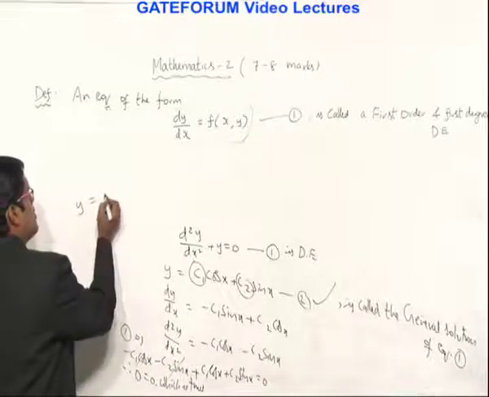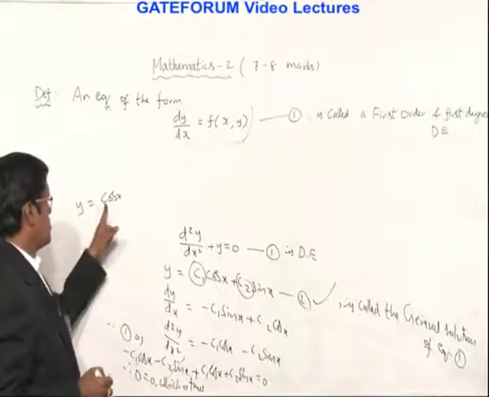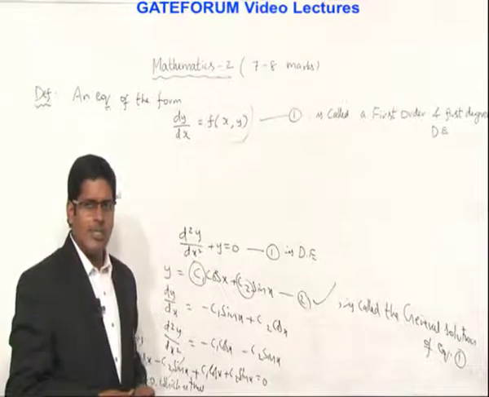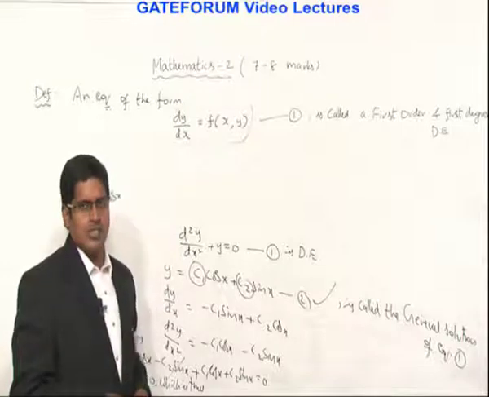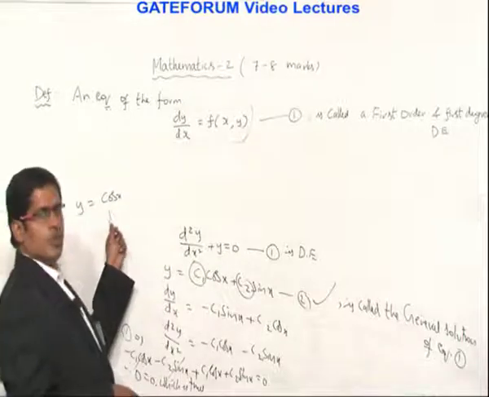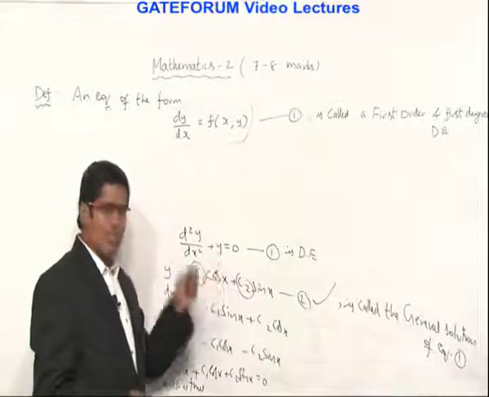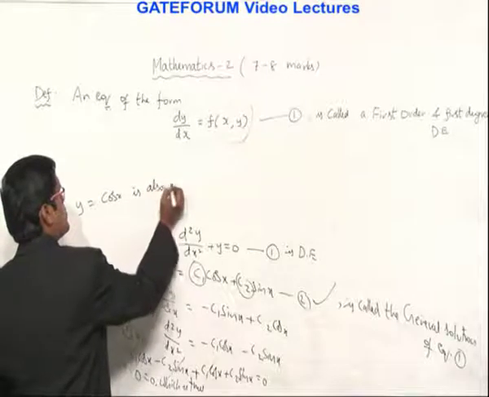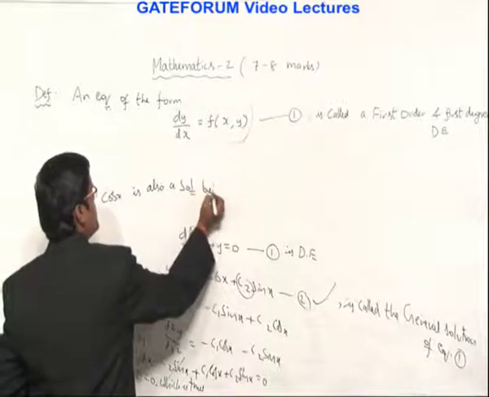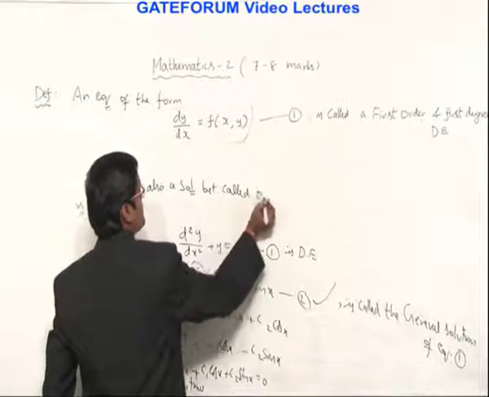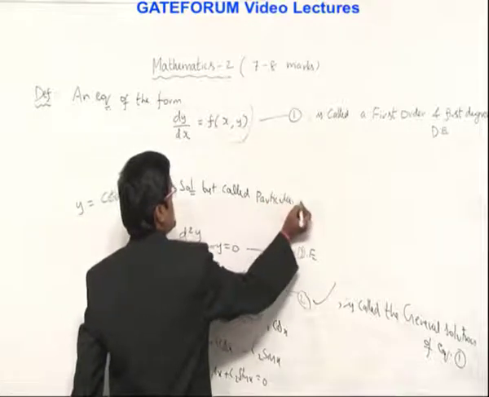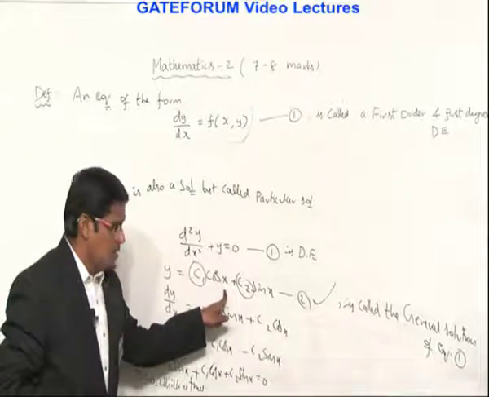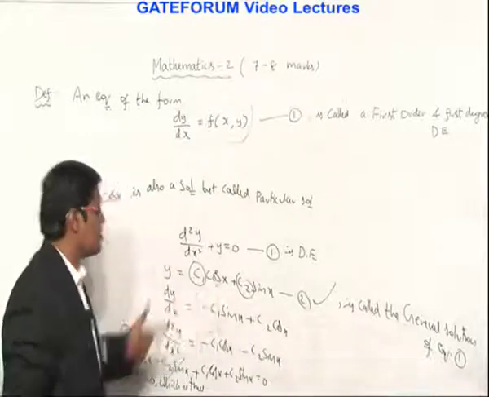Now if I take only y is equal to cos x, substituting on the left side, the second derivative of cos x is minus cos x, plus y, which is cos x, equals 0. So this is also a solution, but it is called a particular solution. Why? It is obtained from the general solution, equation 2, by taking C1 equal to 1 and C2 equal to 0.